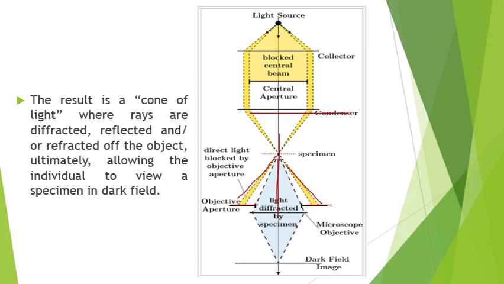So we obtain a cone of light where rays are diffracted, reflected, and or refracted off the object, ultimately allowing the individual to view a specimen in dark field. Simply, light that has been reflected or refracted by the specimen forms the image. So the field surrounding the specimen appears dark while the object appears bright.